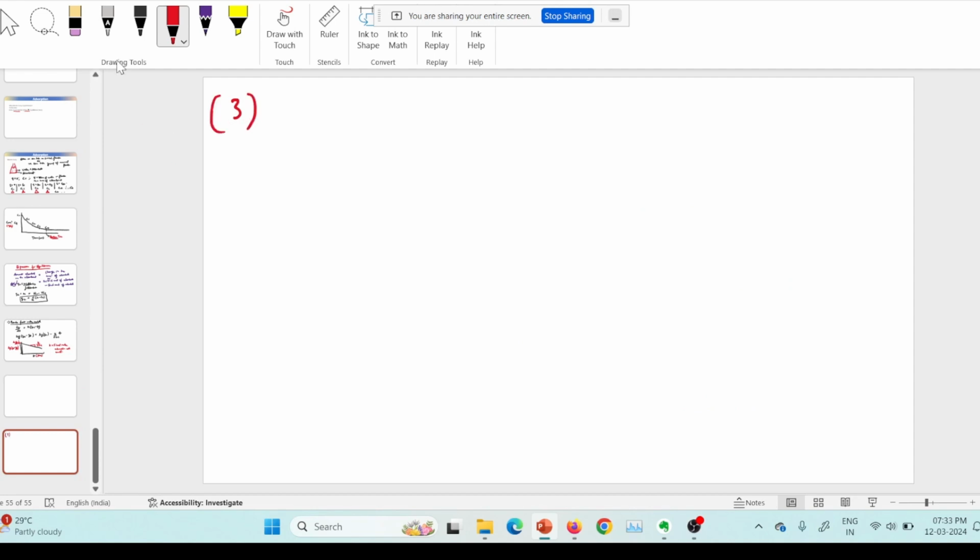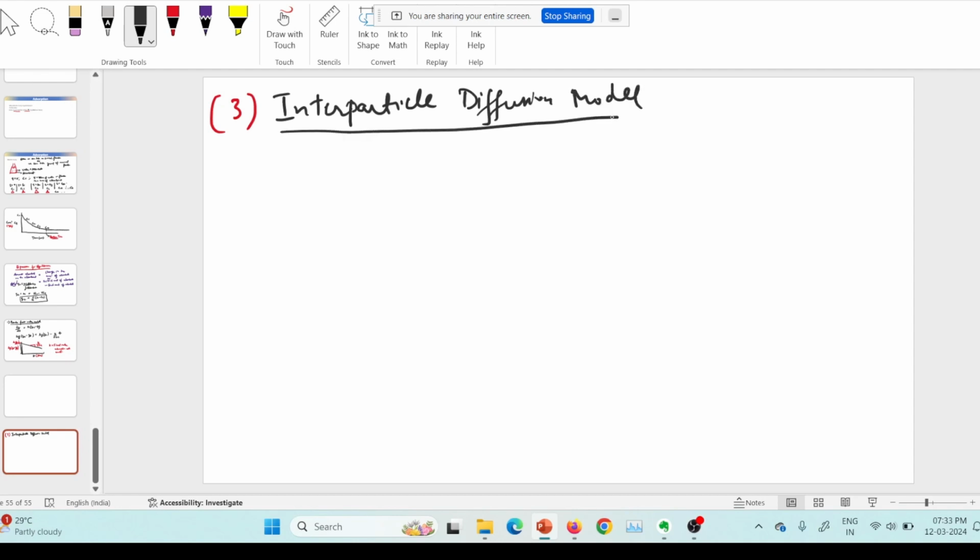The third model is the interparticle diffusion model. This model is used when pore transport matters. Like we have seen the pore mechanism, the third one was pore diffusion.